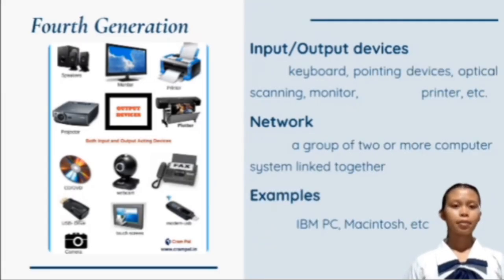Input-output devices such as keyboard, pointing devices, optical scanning, monitor, printer, etc. Network: a group of two or more computer systems connected together. Examples of fourth generation computers include early microcomputers and personal computers like the Apple II and IBM PC, as well as mainframes and supercomputers like the Cray-1.